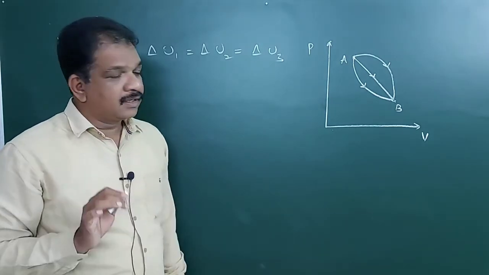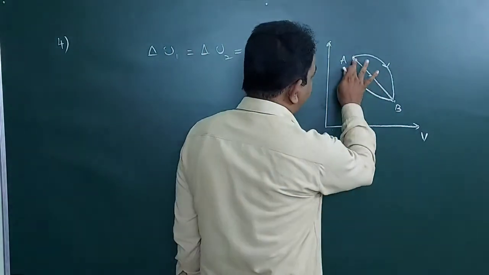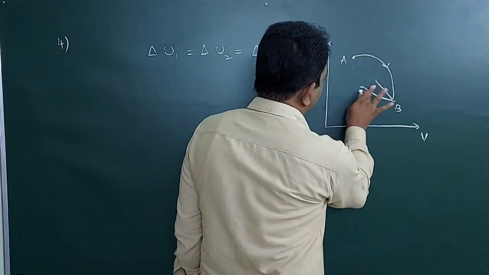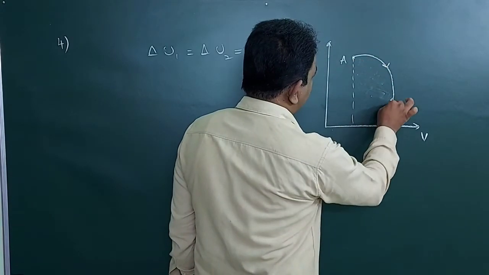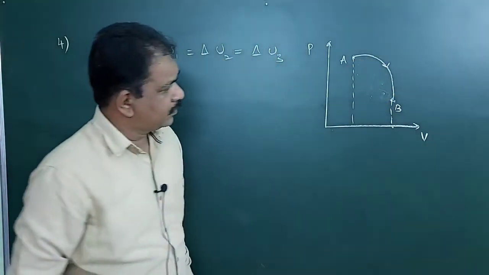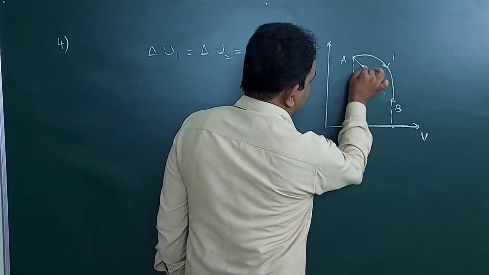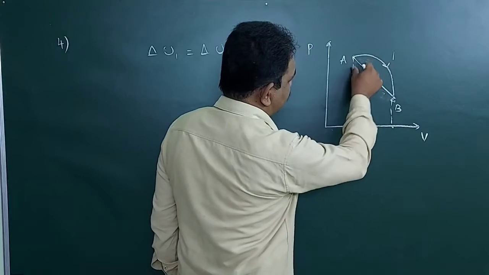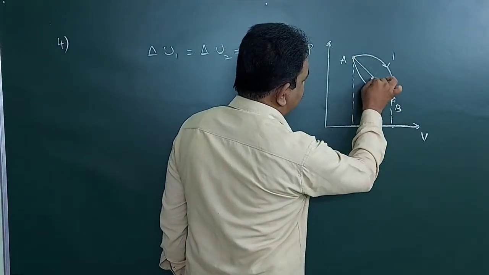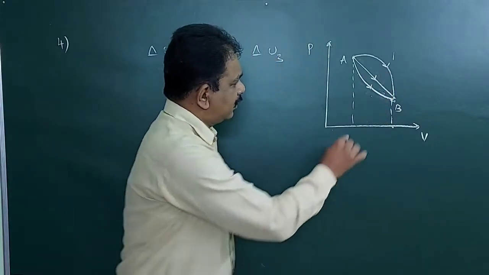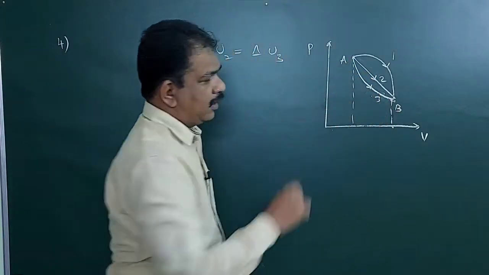If you consider the work done, for the first one this is the area under the graph. If you consider the second one, only this portion of area you have to take. If you consider the third one, only this portion of area we have to consider.